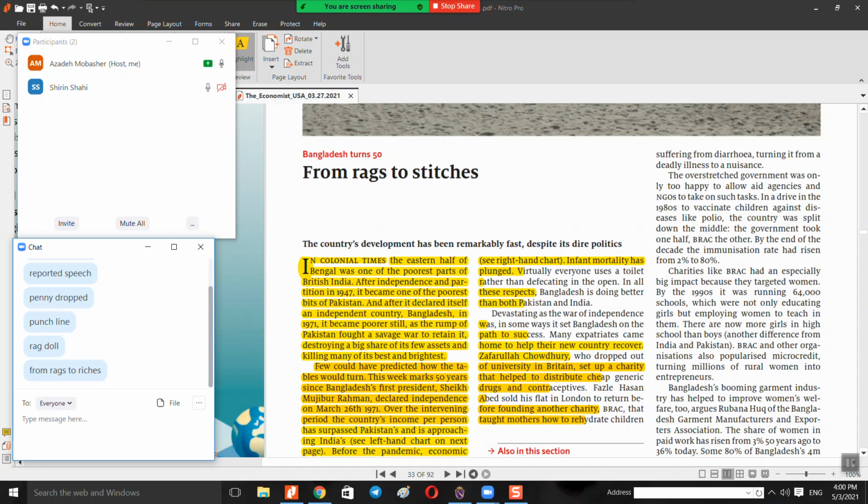It's been remarkably fast. Very fast. It means very fast in here. Despite its dire politics. What does this mean? You know the meaning of despite? Despite. Yes. Don't translate. Try to think in English.